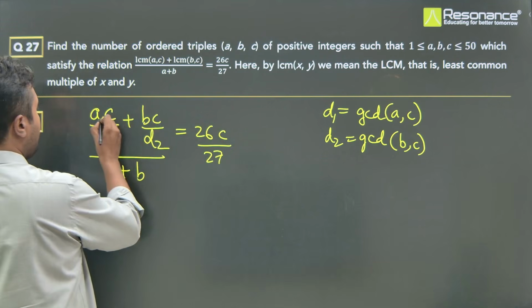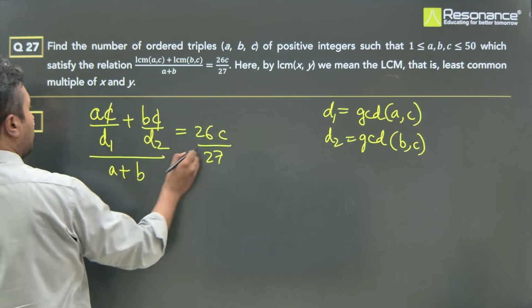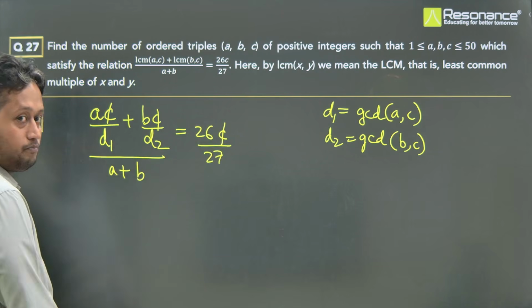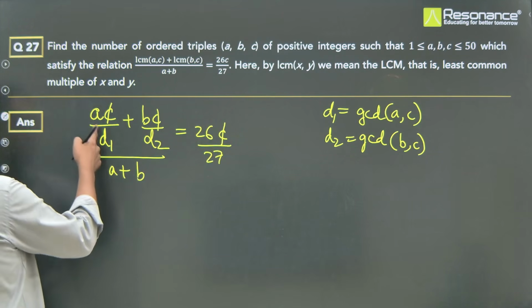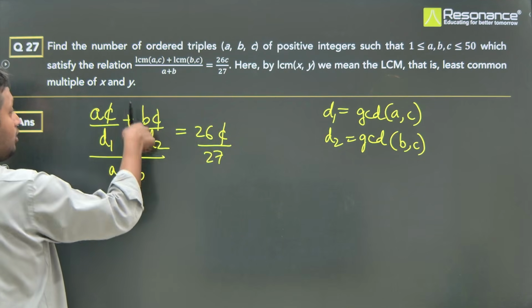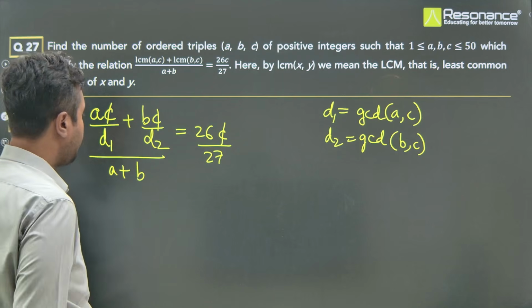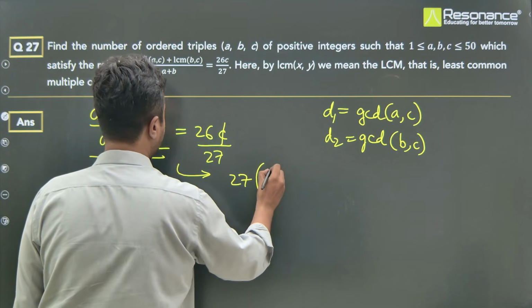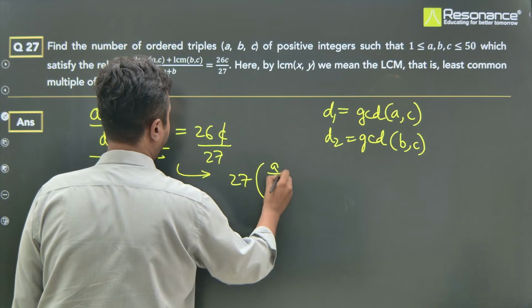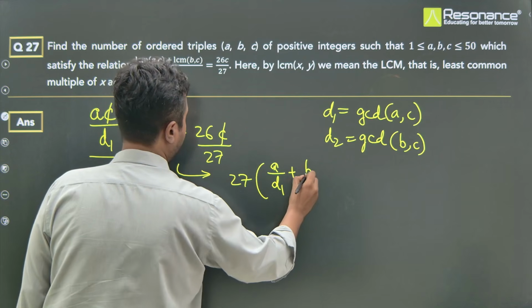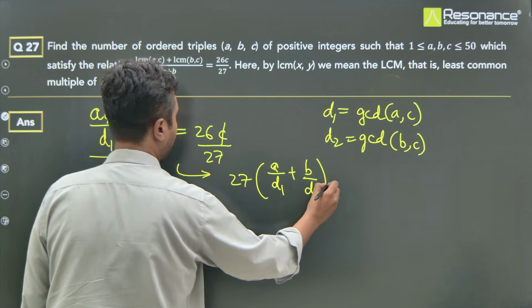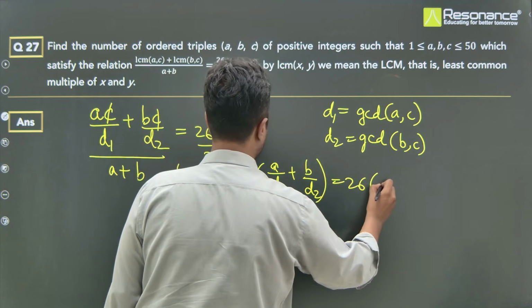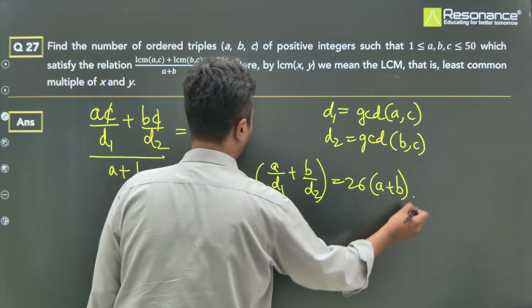You can take c common, bring it out and then strike it out with that. By the way, d1 divides a, so that is an integer, and all these things are integers, natural numbers. So let's rewrite this thing. We would have 27 times (a/d1 + b/d2) is equal to 26 times (a plus b).